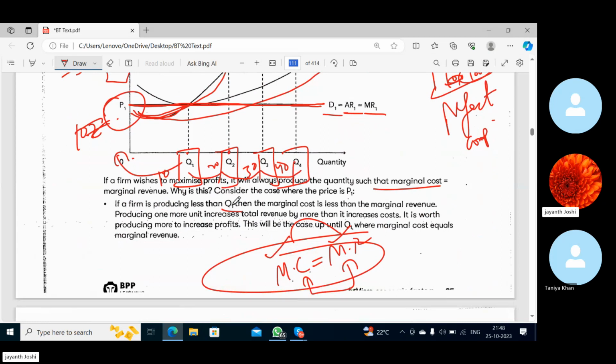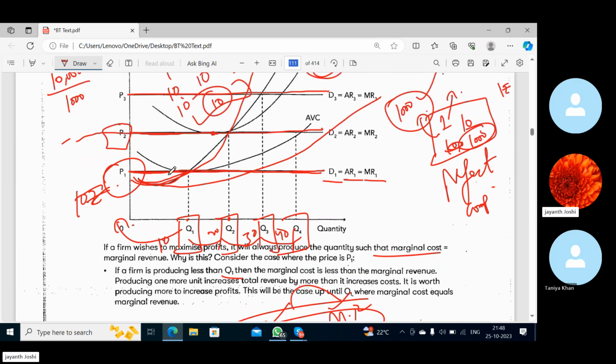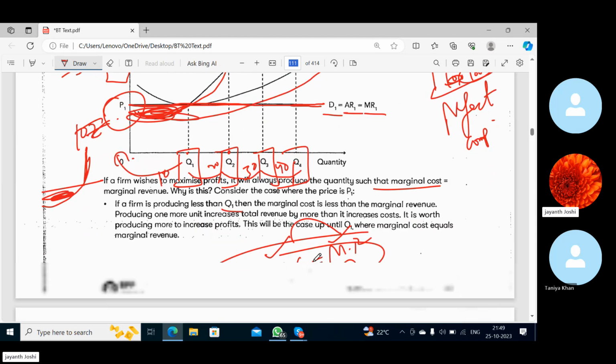If a firm is producing less than Q1, then marginal cost is less than marginal revenue. So if the cost is less, you have profits. You can make profits here because the revenue is more, the cost is less. But beyond this, it becomes tough for you to make profit. That's the same thing they're saying.